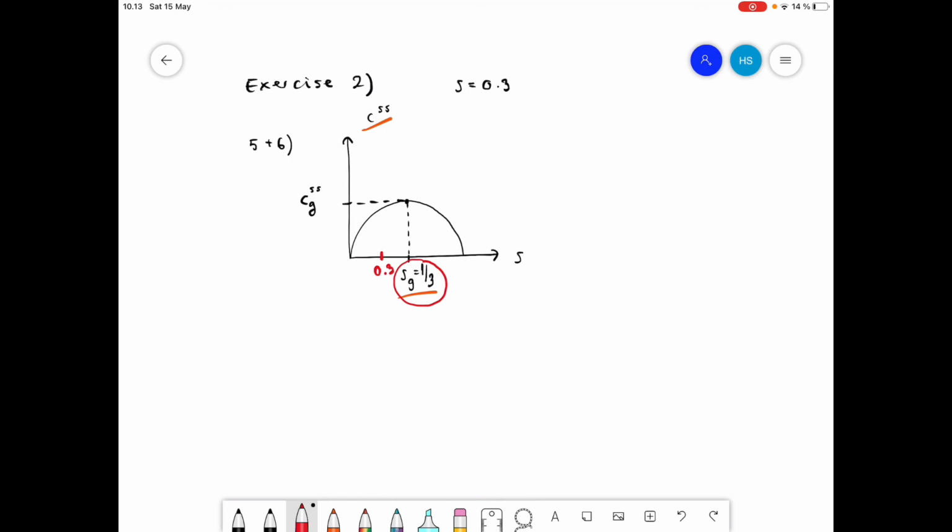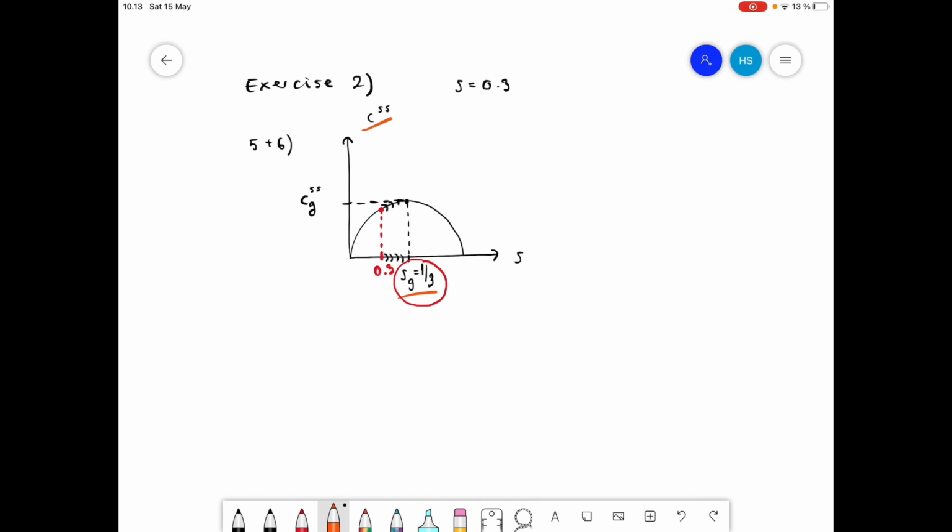Since we are to the left of the golden rule savings rate, at 0.3, it must be the case that if we increase the savings rate, consumption in steady state will increase.